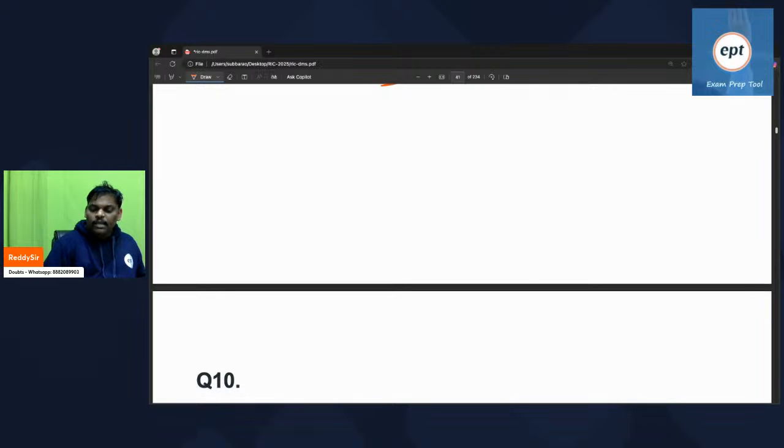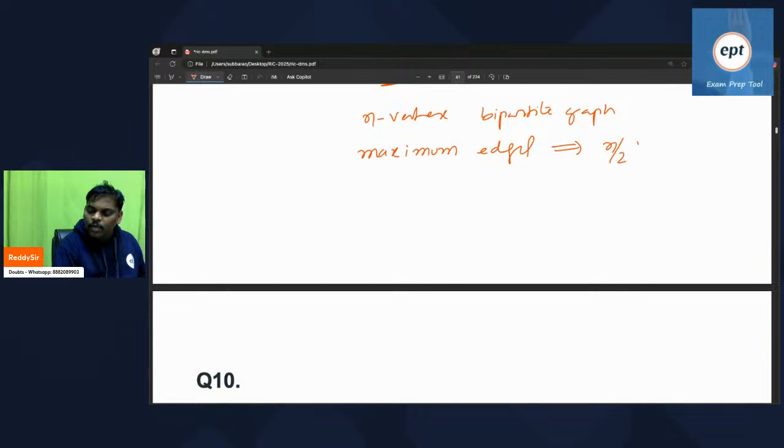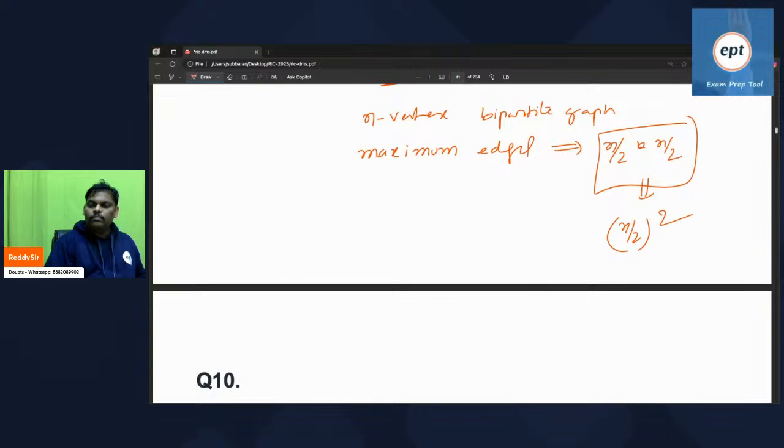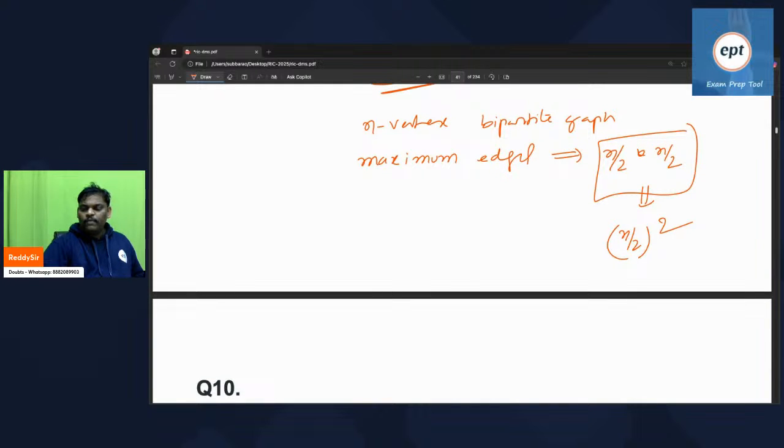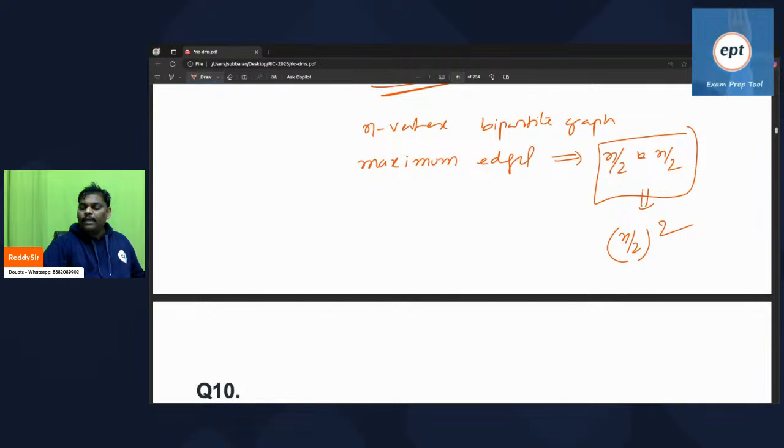For an n-vertex bipartite graph, the maximum number of edges comes from partitioning into n by 2 and n by 2, which gives n by 2 into n by 2, that is, (n/2) whole squared.